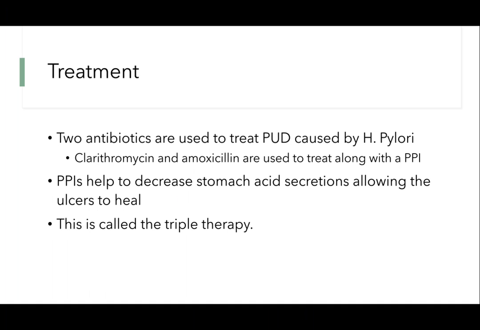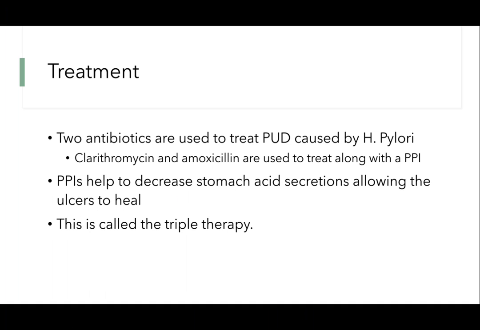The treatment for peptic ulcer disease is a triple therapy. It's two antibiotics and a PPI, a proton pump inhibitor. The two antibiotics are used to treat PUD caused by H. pylori. The most common are clarithromycin and amoxicillin.